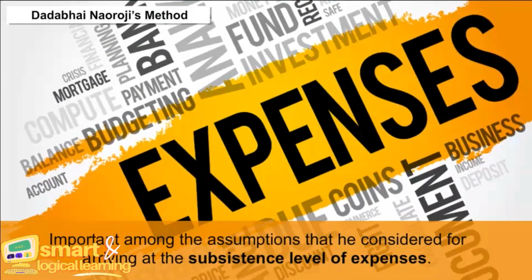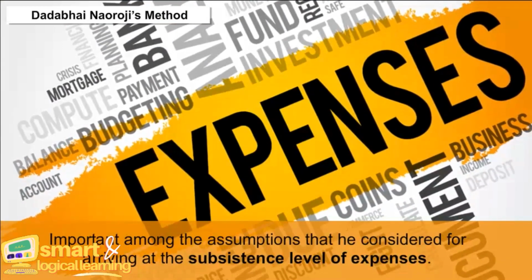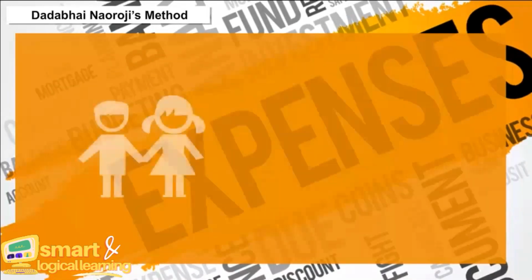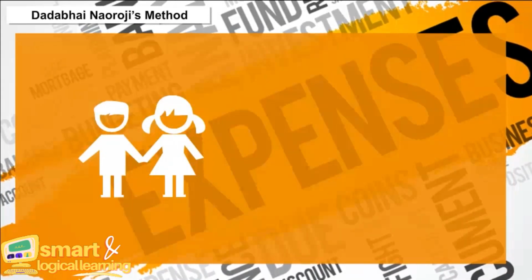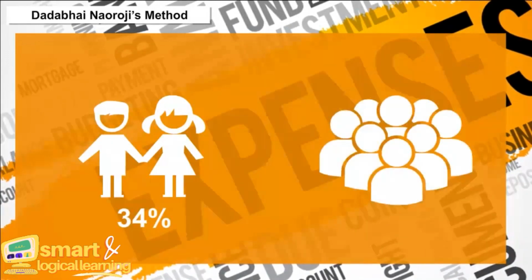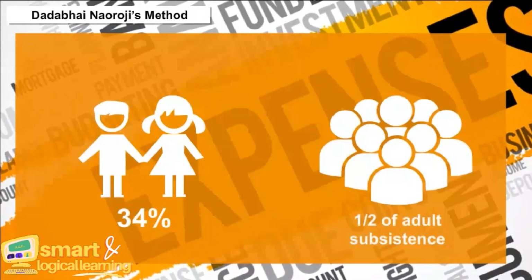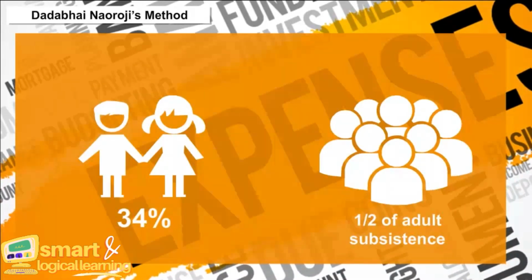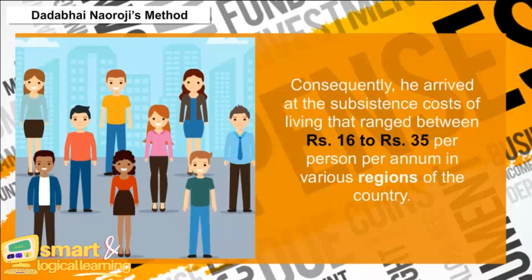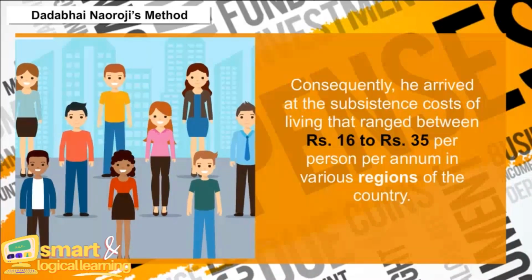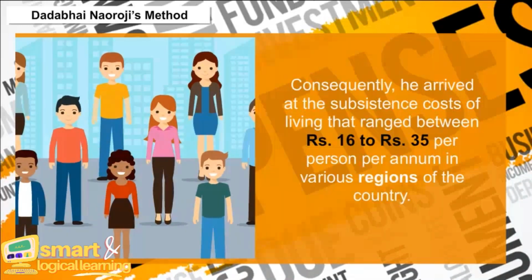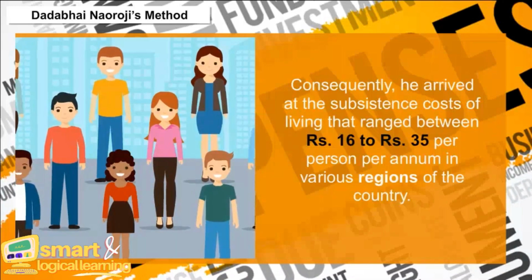Important among the assumptions he considered for arriving at the subsistence level of expenses was that children, about 34% of the population, did not cost anything, and the remaining half cost one half of the adult subsistence requirements. Consequently, he arrived at a subsistence cost of living that ranged between 16 rupees and 35 rupees per person per annum in various regions of the country.